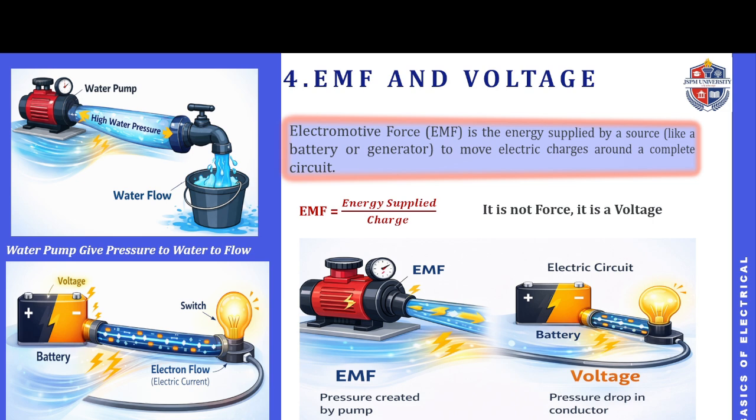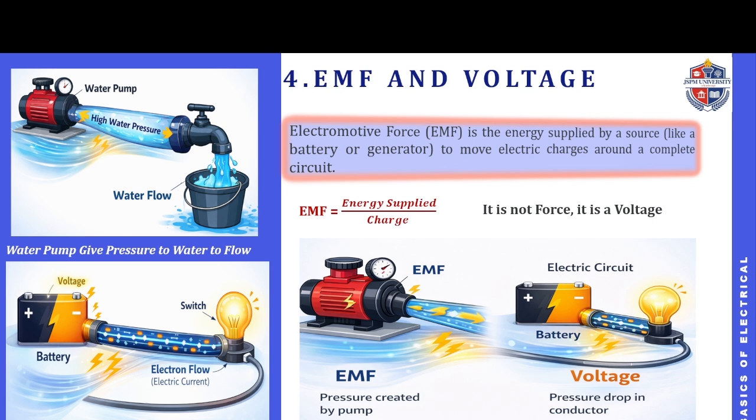Similarly, in the electrical circuit, once the electron starts to flow with the help of the electromotive force, after some time, due to the conductor characteristics, a difference in voltage will happen. That means the pressure or force on the electron will change. That difference is called the voltage difference or potential difference.